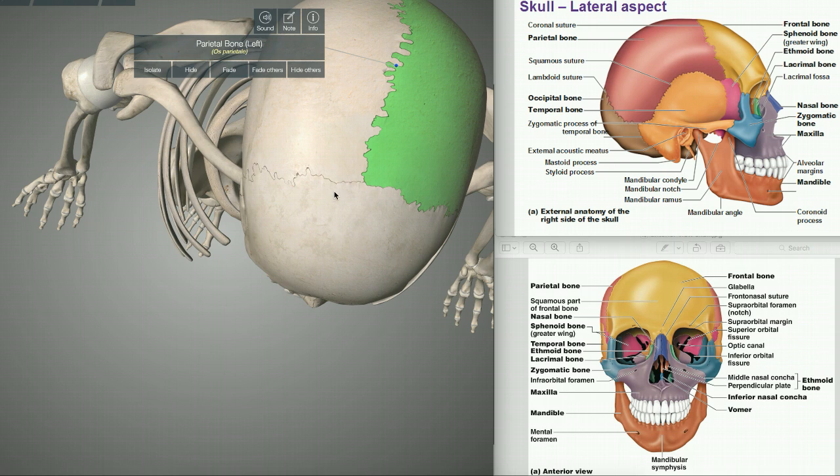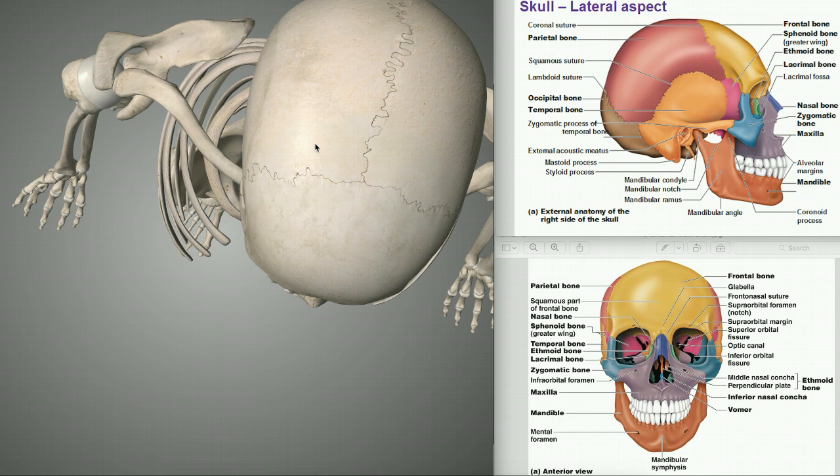So if a baby is born and you put your finger here in the top part, you can feel that there's a slight hole kind of thing, and that's because the bone ossification process is not fully done. The physiology behind that is that it allows the brain to develop faster, as well as easier passage through the birth canal when the mother is giving birth to the baby.